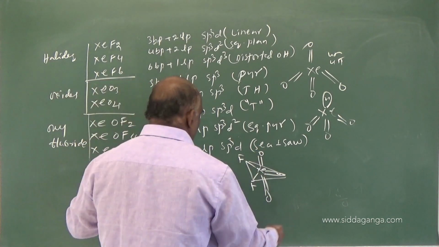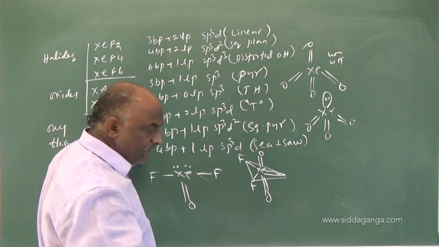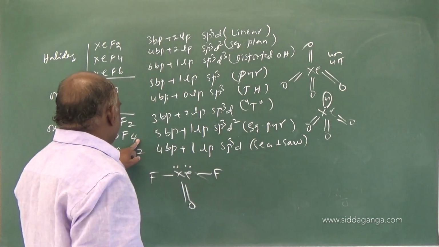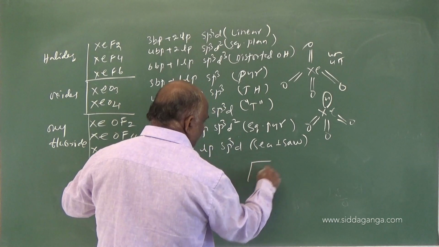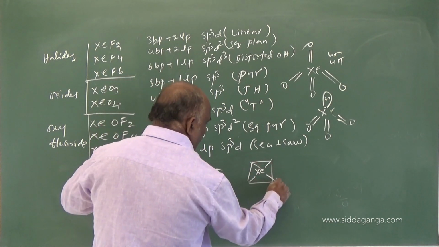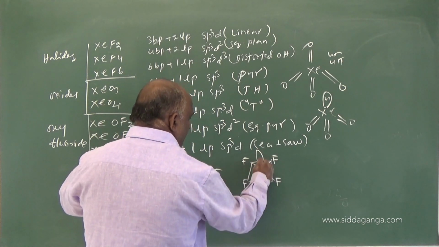This is XeO2F2. sp3d2 is square planar like this. Xe, these 4 are the fluorines. Double bond oxygen, it is a lone pair.